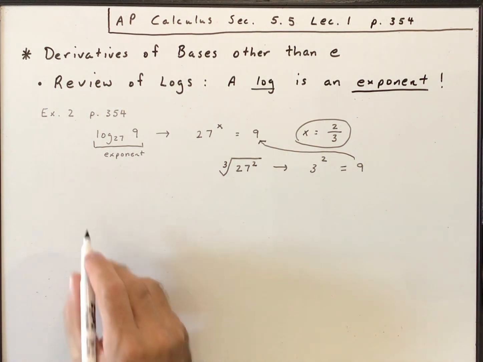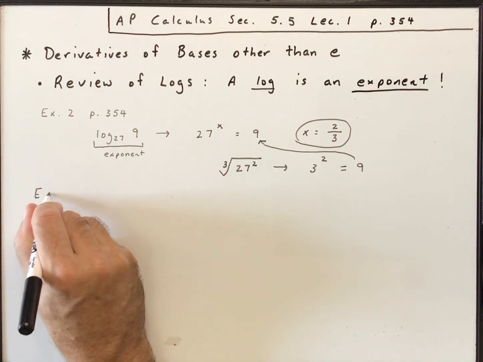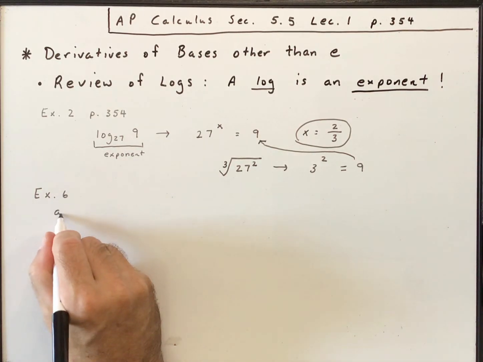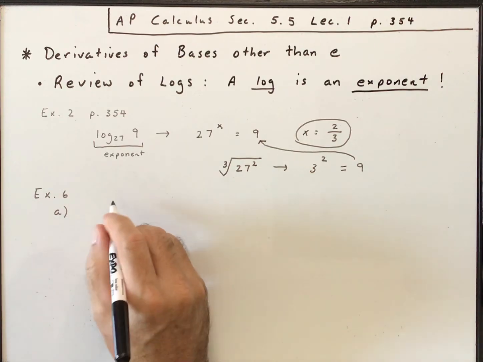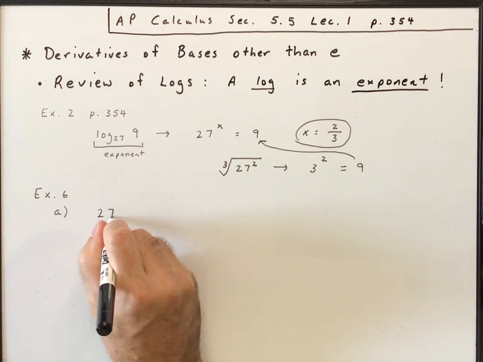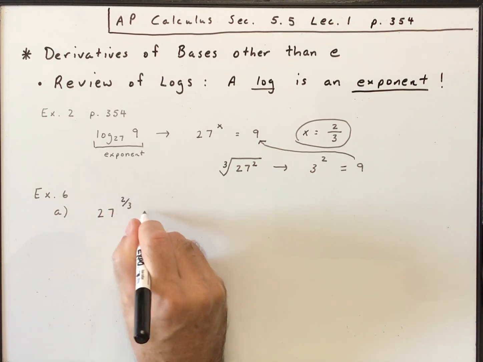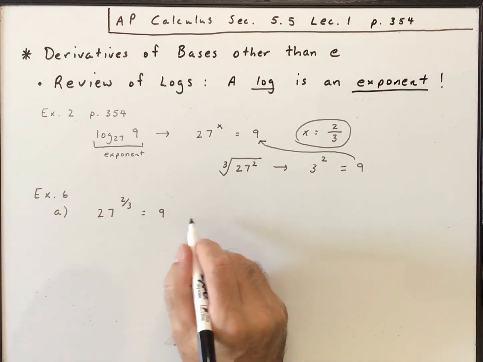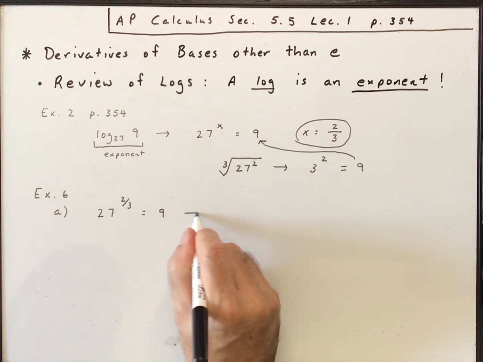All right, let's take a look at example 6. Still on page 354. So part A, we want to take 27 to the 2/3 is equal to 9 and rewrite that as a logarithmic expression. Of course, we just did that. We know the answer.